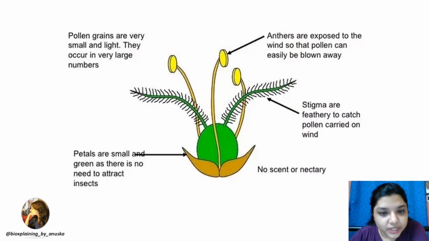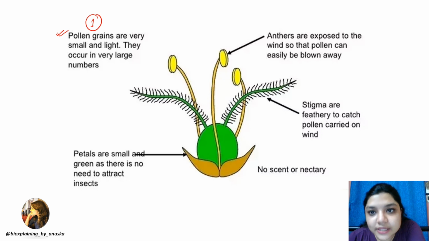Using this image, let us try understanding the characters all over again. First, see that the pollen grains are small and light and they occur in very large numbers. Secondly, the anthers are exposed to the wind so that pollen can easily be blown away. Say the wind is blowing in this direction and the anthers are releasing the pollen grains.